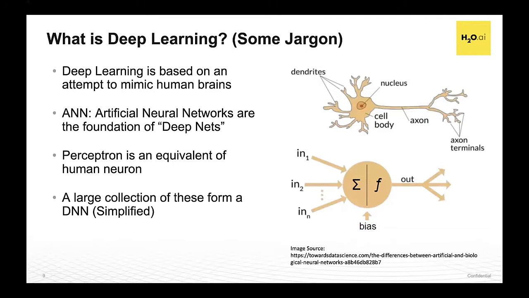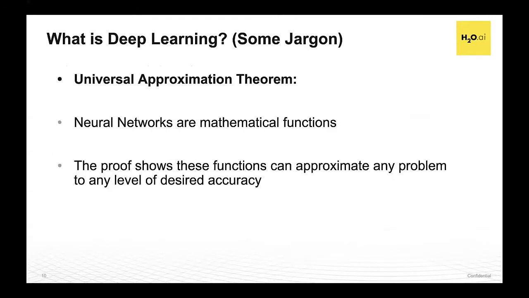There are different definitions of deep. Most people would agree that when you have more than 2 layers of these neurons, you get a deep neural network. So this works on something known as the universal approximation theorem.